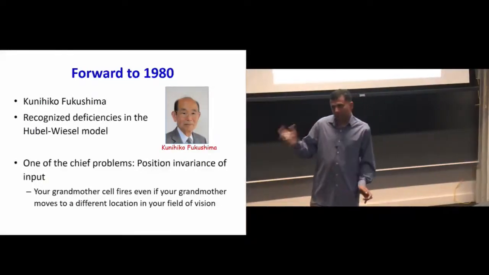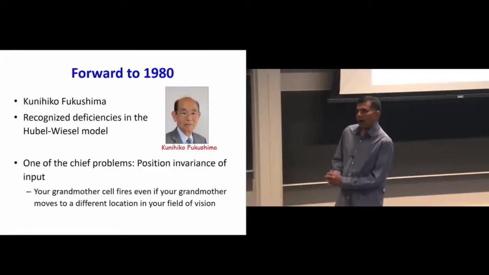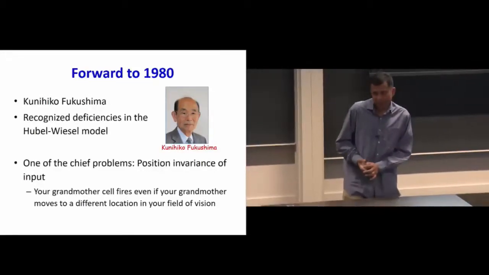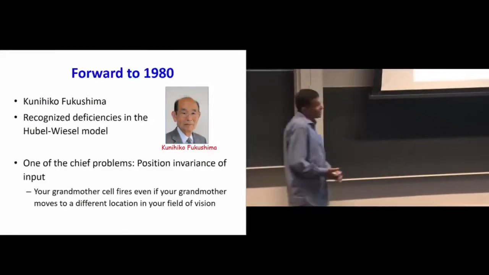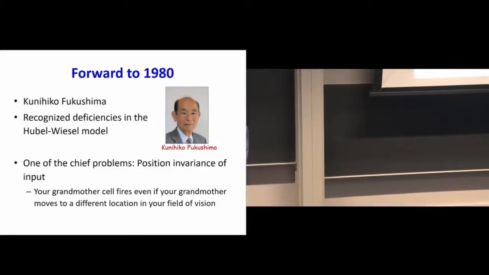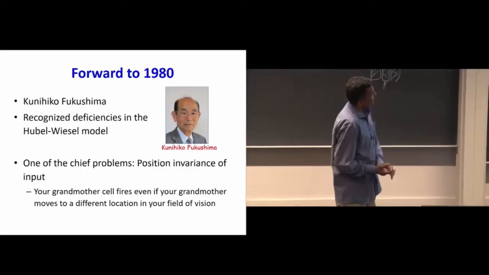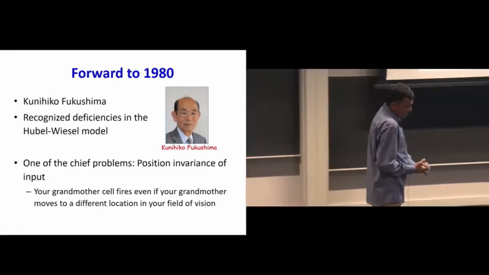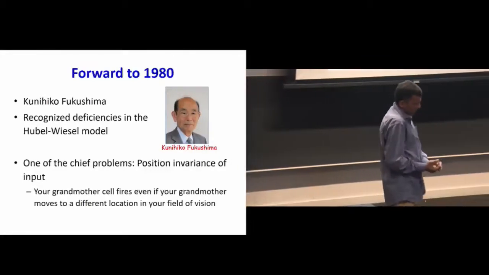so this was just the biological model, right? Fast forward 21 years, 1980, and this is where the computational model begins kicking in. This is Kunihiko Fukushima. He realized that the Hubel and Wiesel model has some deficiencies.